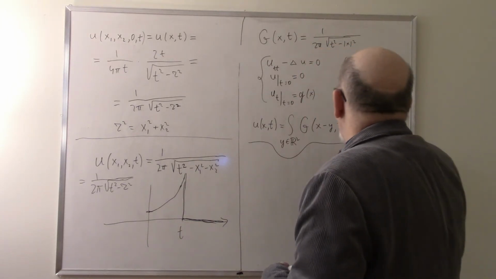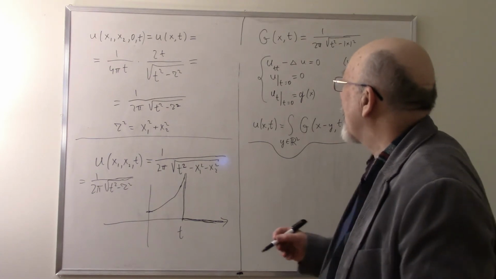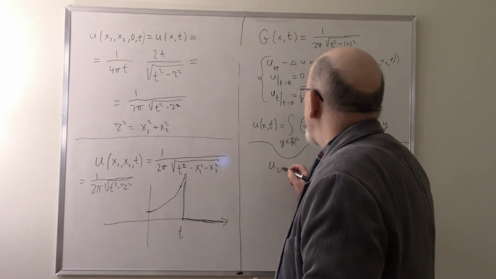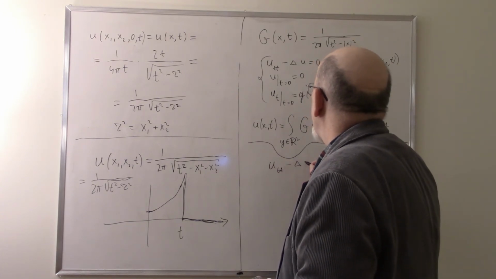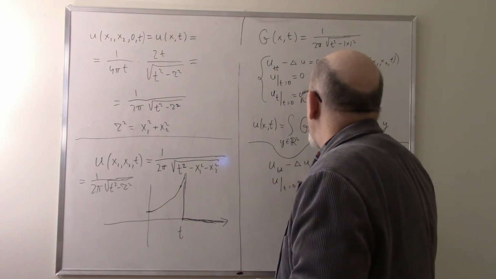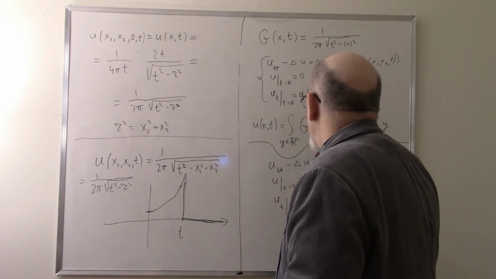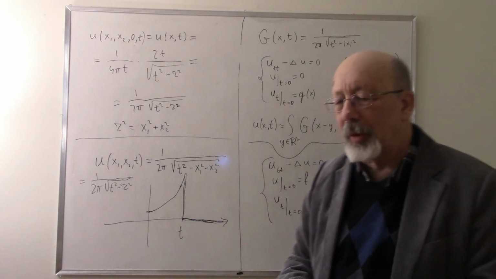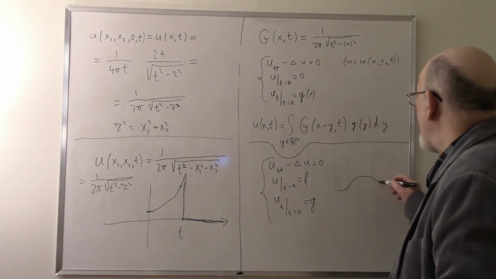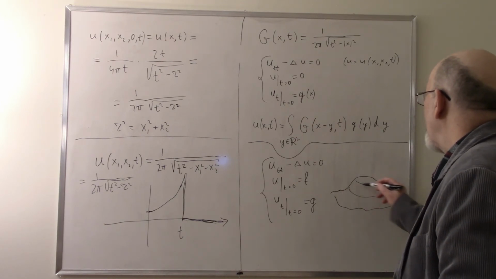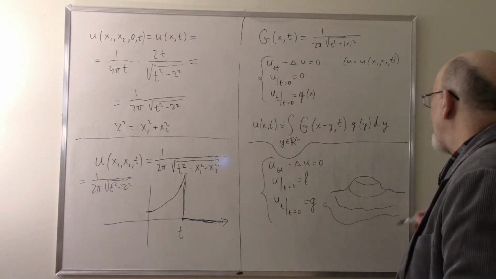Now to go further, how to solve the full problem. Utt minus delta u equals 0, u for t equals 0 equals f, ut for t equals 0 equals g. Yes, this is the full initial value problem. So we started from some configuration of our membrane, its level line, something like this.